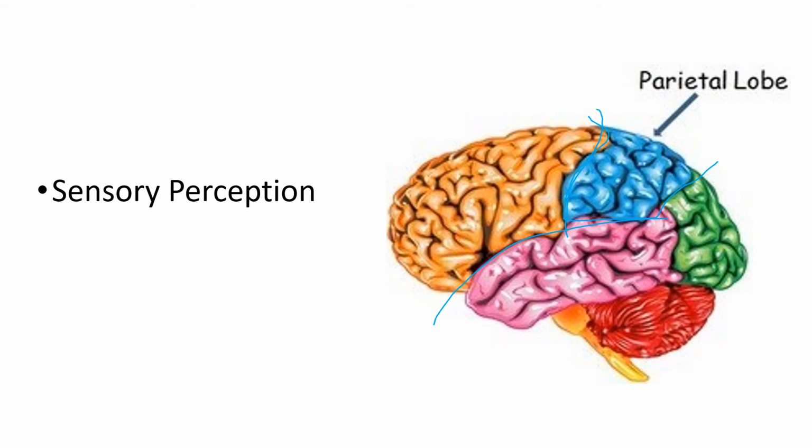This also explains how paralysis occurs in stroke patients and those who experience brain trauma in this portion of the brain. It is important to keep in mind that, like we talked about with the two hemispheres, the right side of the brain controls the left side of the body, and vice versa. So if a stroke patient is experiencing paralysis on the right side of their body, this is due to damage on the left side of the brain.